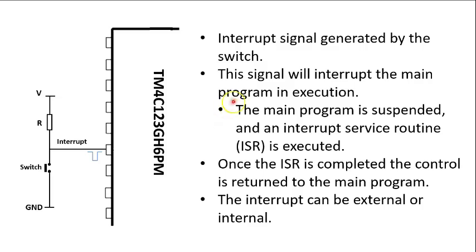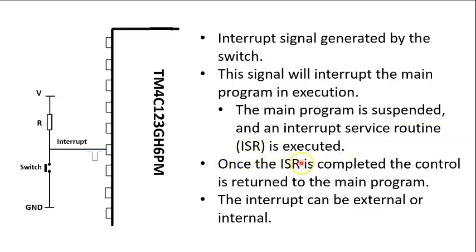The interrupt signal generated by the switch will interrupt the main program that is running in the microcontroller. The main program would then be suspended, and an interrupt service routine, an ISR, will be executed.